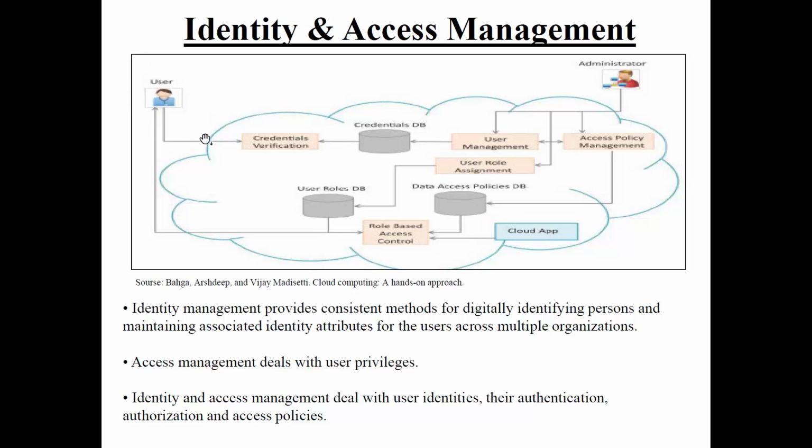So the user will send the credentials. Credentials will be verified based on the credential database. Then the user role will be verified using the user role database, and based on this, the data access policy database will also decide what a user of this particular role can access.